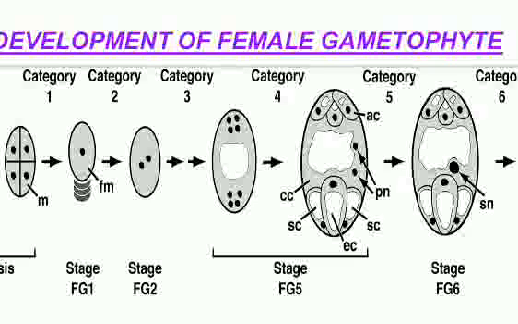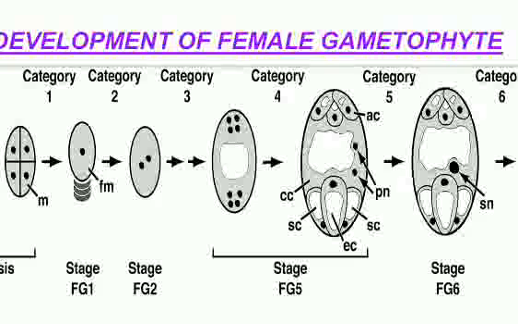This divides by periclinal division to form an outer parietal cell and an inner primary sporogenous cell. The primary parietal cell divides further to form the parietal tissue of the nucellus. The primary sporogenous cell forms the megaspore mother cell, MMC.